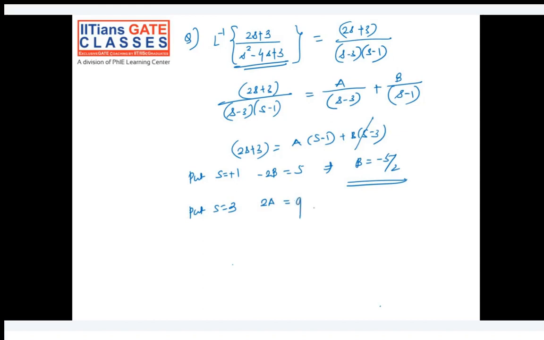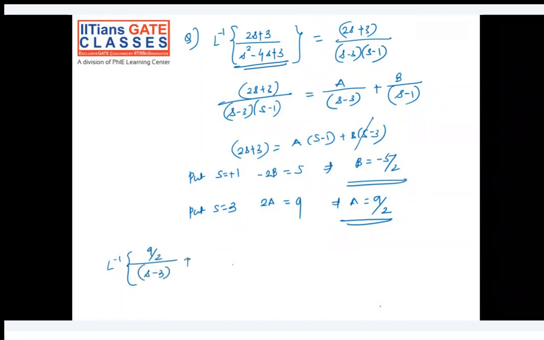This implies A is equal to 9 by 2. Okay. So ultimately we can write it as the inverse Laplace of 9 by 2 divided by s minus 3 plus, sorry, minus 5 by 2 divided by s minus 1.